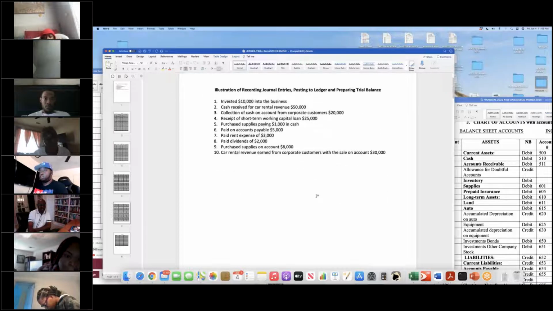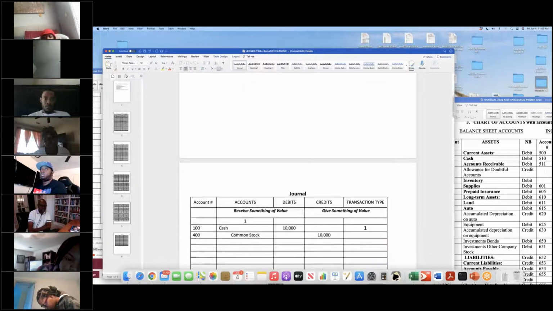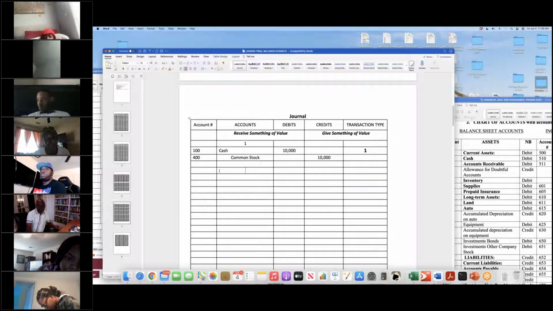Cash received from car rental revenue, $50,000. So we're going to debit cash, and we're going to credit sales.